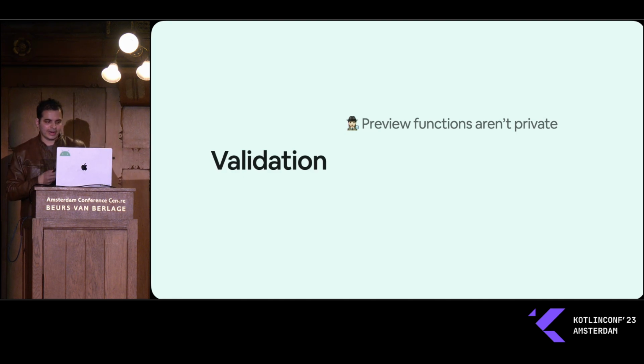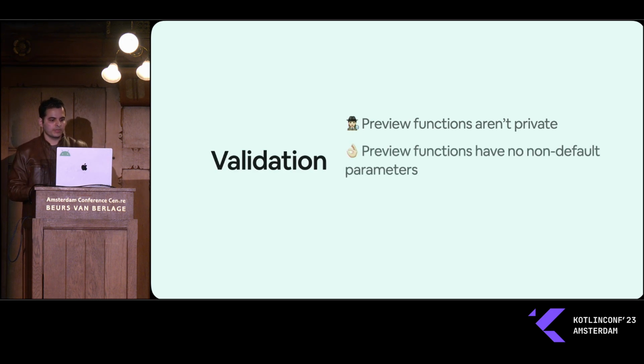Because we are trying to aggregate preview functions in a central location, we need to make sure that the preview functions are accessible, and so they cannot be private. Or preview functions cannot have non-default parameters, because we would not know how to initialize or invoke that function otherwise. As long as it has default parameters, we can simply leverage the default parameters and still invoke that function.